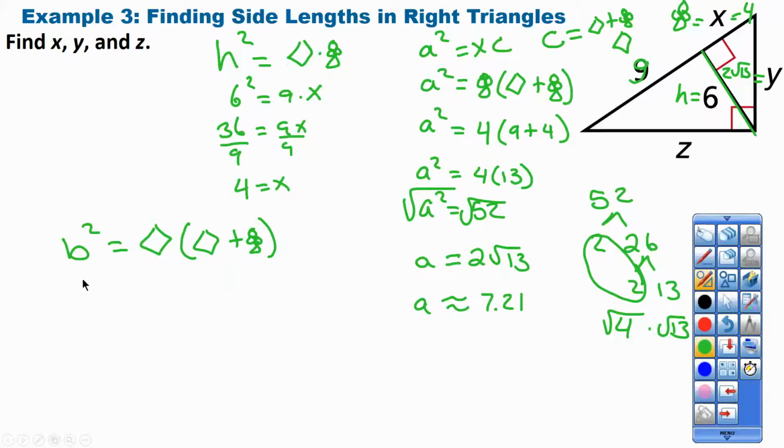And so that's going to be B squared is equal to 9 times 13, because remember we said C was 9 plus 4. So then we go ahead and work this out.